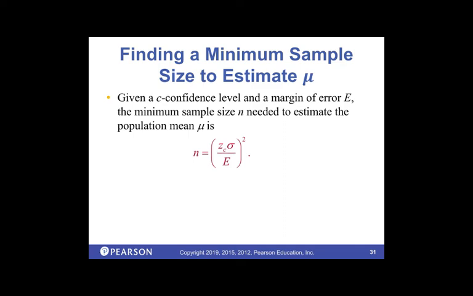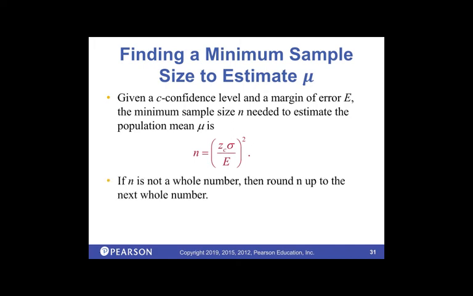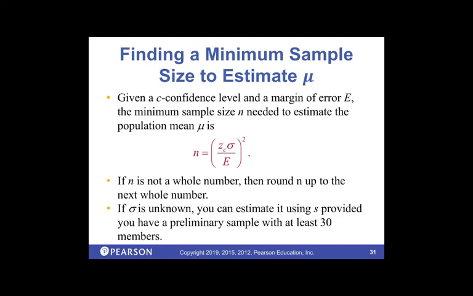It's the critical value times the population standard deviation, divided by the margin of error, all squared. If n is not a whole number, then round up to the next whole number. If the population standard deviation is unknown, we can estimate it using s, provided that we have a preliminary sample of at least 30 members.